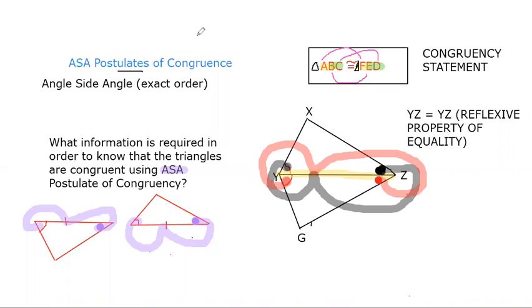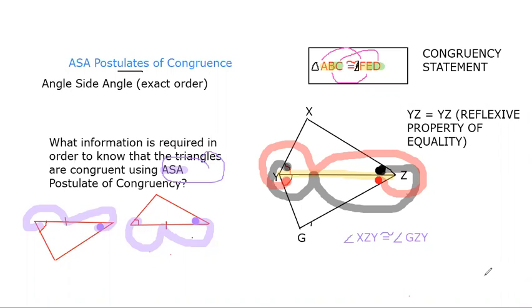I need to know, in order to use angle side angle, that angle XZY is congruent to angle GZY. If I knew that one piece of information, I could say absolutely those are congruent based on the angle side angle postulate. That is the one thing I'm missing.